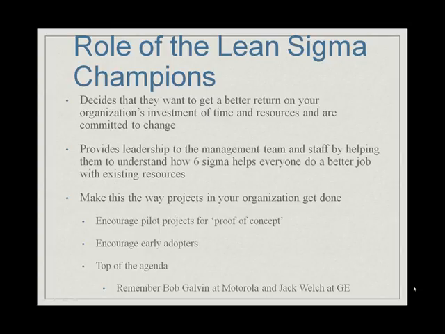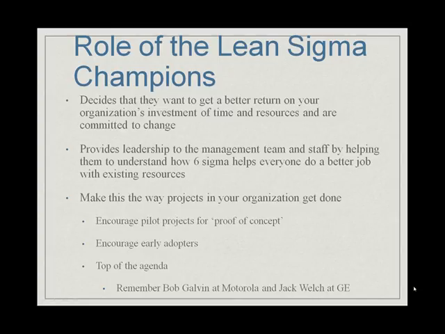And then the last role is actually champion. This is one of the most critical. The champion quite often is the individual that may not hold the expertise in how to perform all the tools in the Six Sigma tool set, but they understand the high level reasoning behind Six Sigma. And they're there at the executive level to support Six Sigma teams, to get the teams what they need.